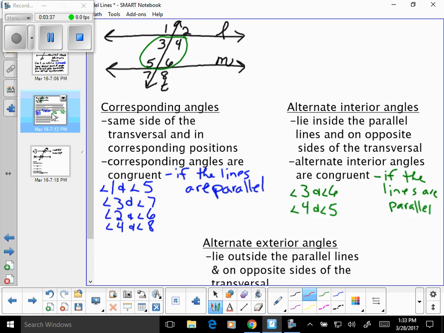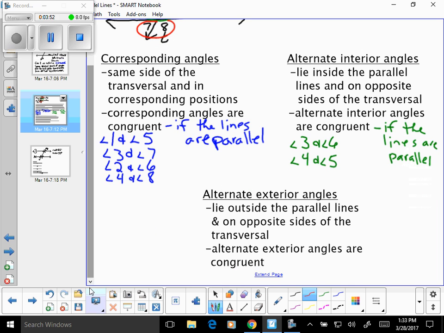Now we're moving on to alternate exterior angles. They lie outside, so I'm going to circle them in red. They lie outside the parallel lines. They are on opposite sides of the transversal. And again, they will be congruent, and you guessed it, if the lines are parallel.